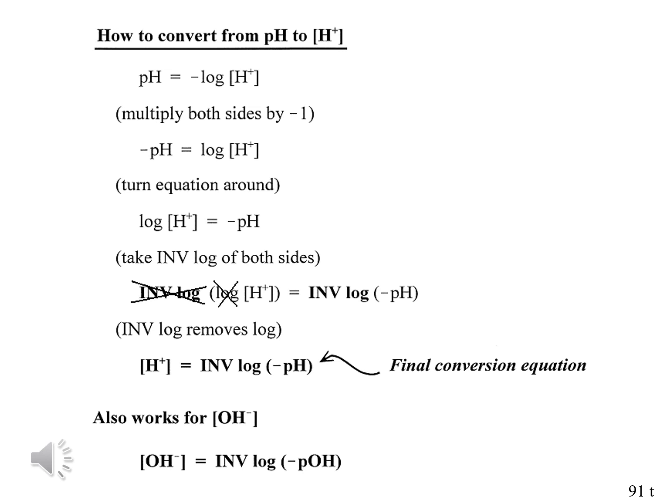The thing is, you absolutely have got to remember in this formula to put the negative in front of the pH. If you take the inverse log of a positive pH, you're going to get molarities that are not even possible. You must remember that it's the inverse log of negative pH.